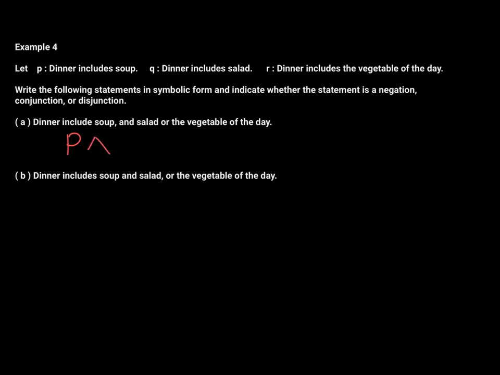Now right here, salad or the vegetable of the day, this is on the right side of the comma. So that means salad or the vegetable of the day needs to be grouped together. Okay, so I'm going to use parentheses. Dinner includes salad is Q, or the vegetable of the day, that's R. So this is the statement, dinner includes soup and salad or the vegetable of the day.